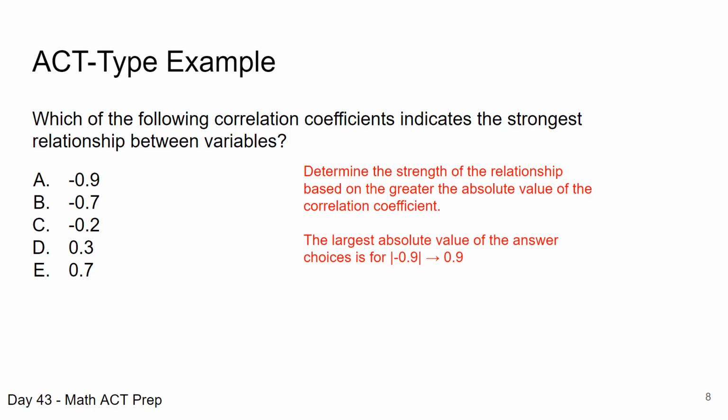So when we take the absolute value of each one of them, we're going to get the largest value with negative 0.9, which gives us 0.9, and that's going to be answer choice A with the strongest relationship between the variables.